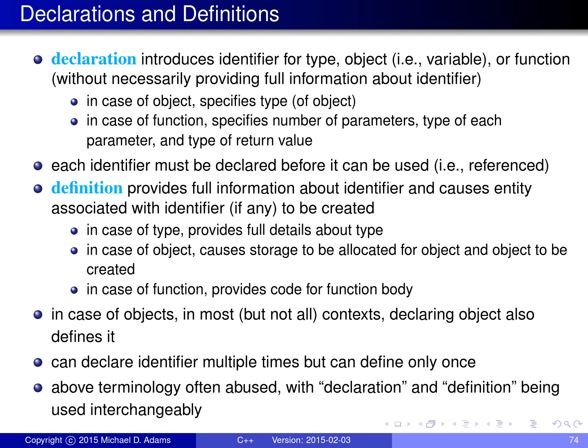Really, for the time being, I want to focus mainly on declarations and definitions of objects. And in the case of objects, in other words, variables in your program, declaring an object also typically defines it, although there are some exceptions that we can find in the language. You can declare an identifier multiple times, but you can only define it once. This is one of the rules of the language.